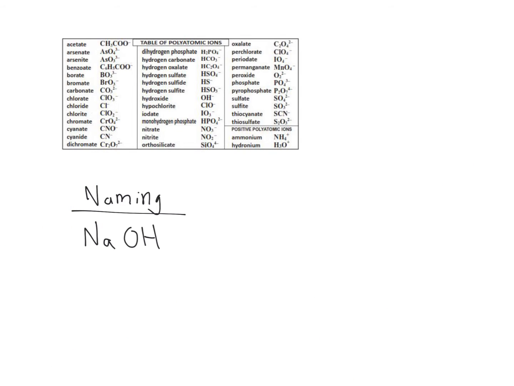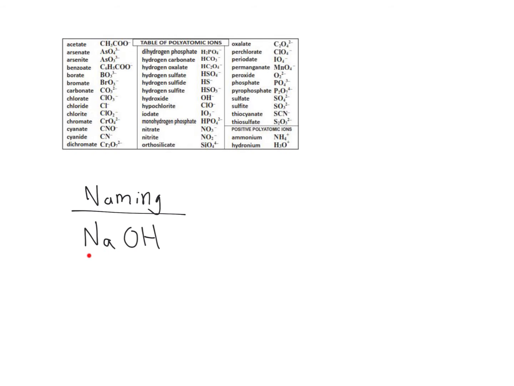So let's start with naming compounds with polyatomic ions. The first thing you need to do is take a look at the formula that you're starting with. Right off the bat, you should notice that there are 1, 2, 3 different elements. And that tells you that you are probably working with a polyatomic ion.